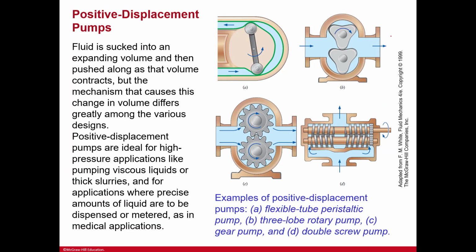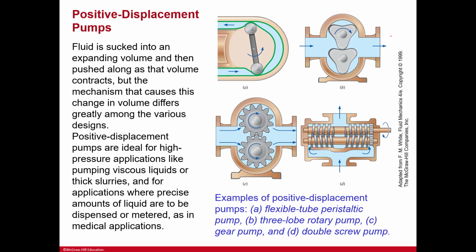So, positive displacement pump. We talked a little bit about that in regard to the cardiovascular system. Fluid is sucked in as the volume expands and then pushed out as the volume contracts, but the mechanism that causes this change in volume differs greatly among various designs, right? It's going to differ between one pump versus your heart, right?